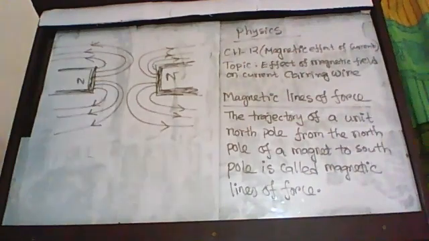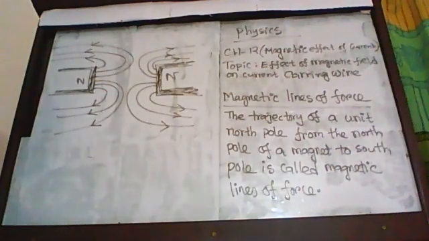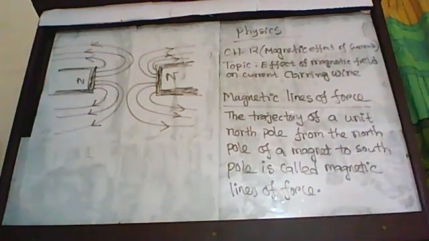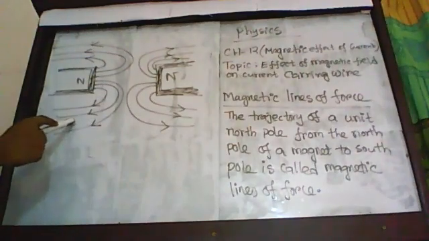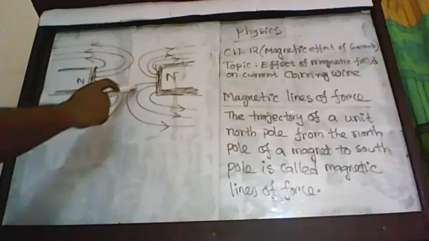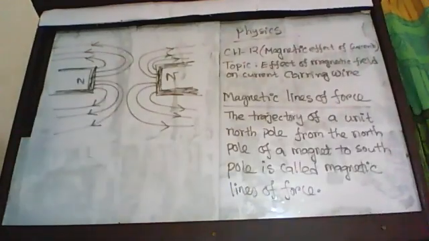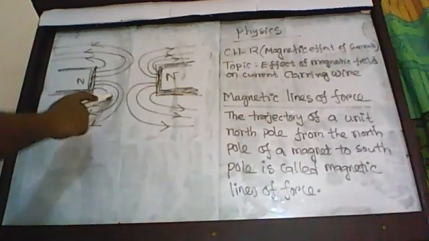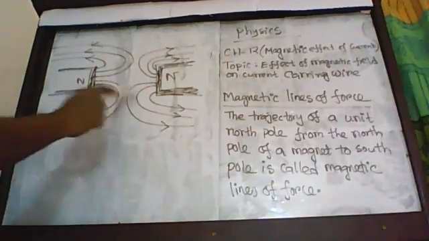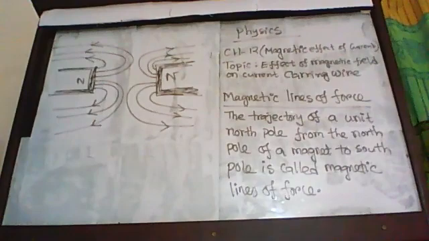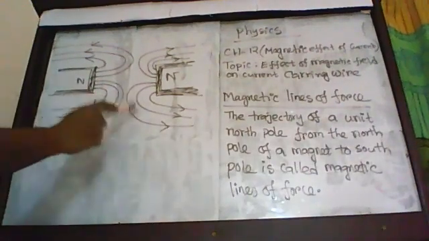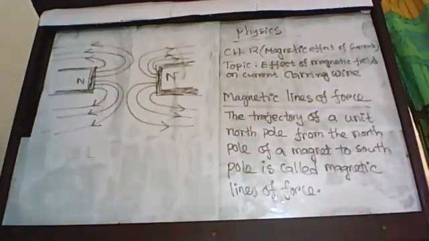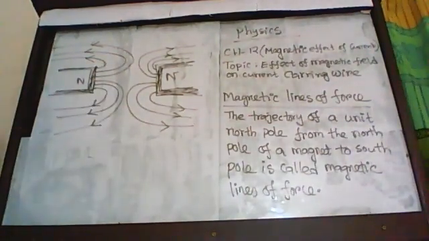Then you see why these two similar poles repulse each other. These magnetic lines of force are the trajectory of a north pole, so these two lines of force from similar poles repulse each other.